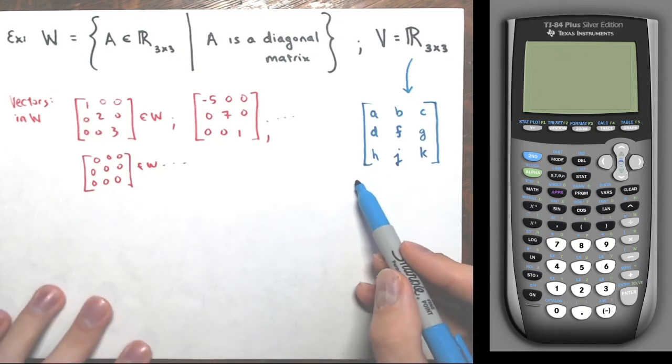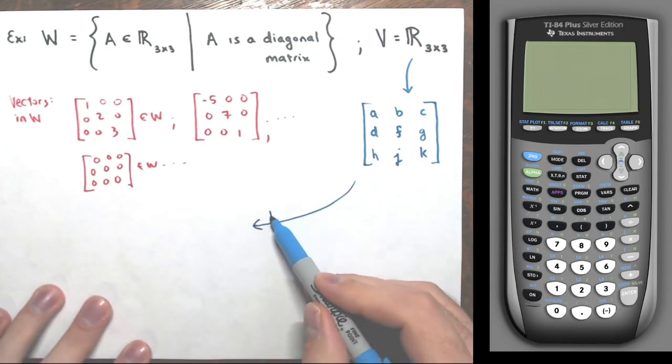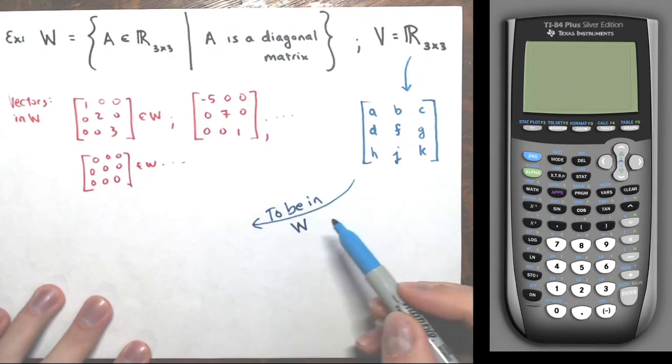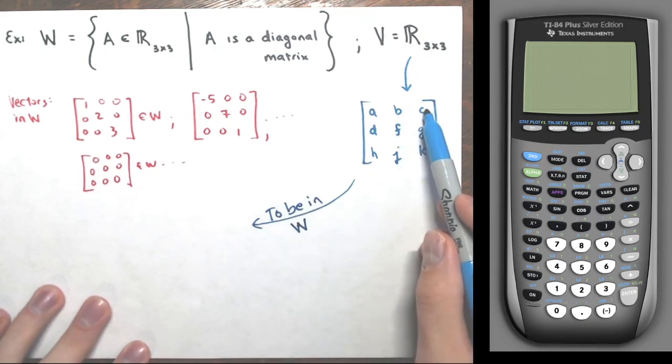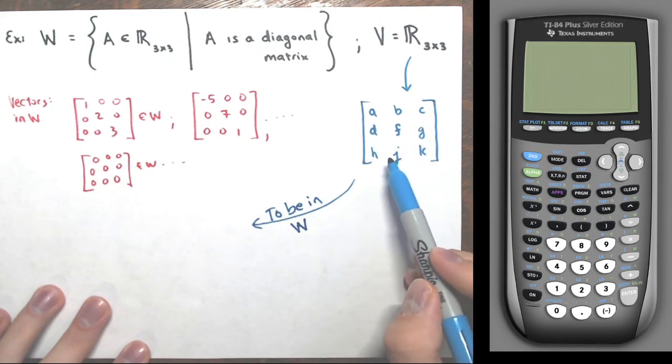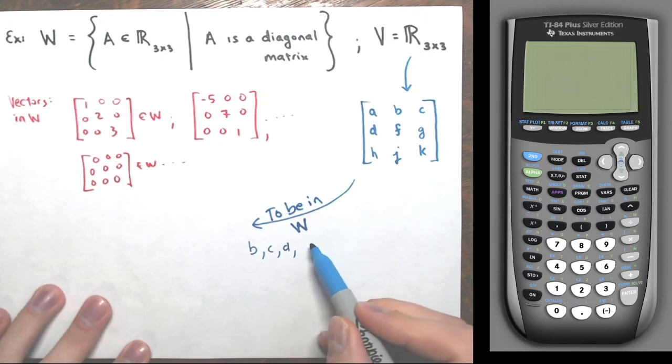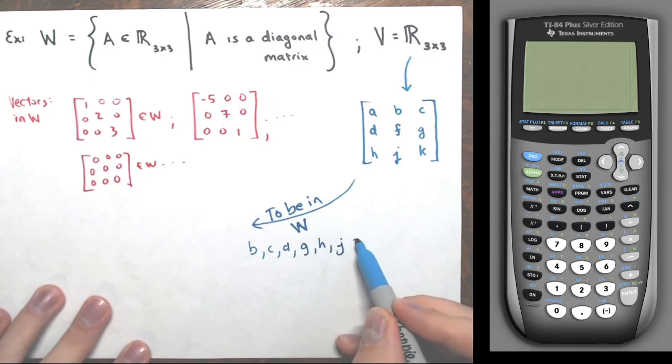But to be in W, the B, C, D, G, H, and J need to all be 0.